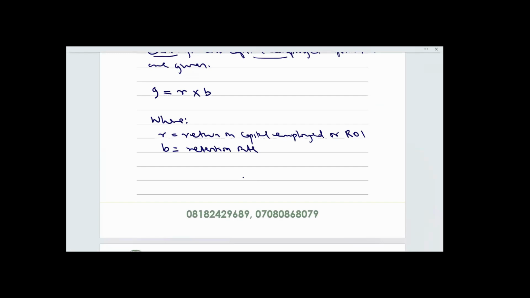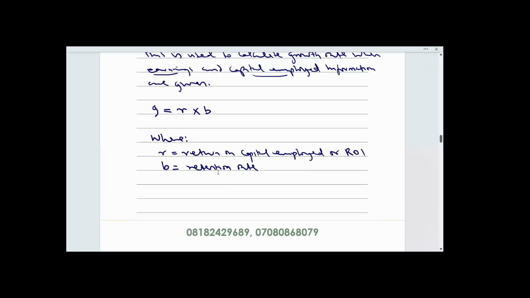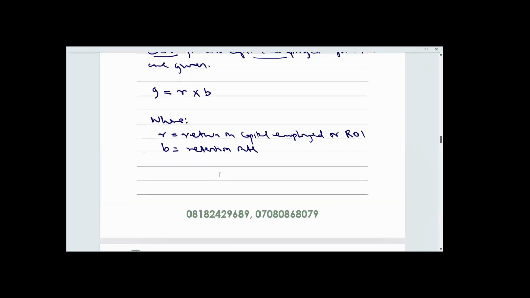All right. So whenever you want to calculate growth rates using Gordon growth, you need to first of all calculate return on capital employed as well as the retention rate. So whatever you have thereafter, just multiply the two together.